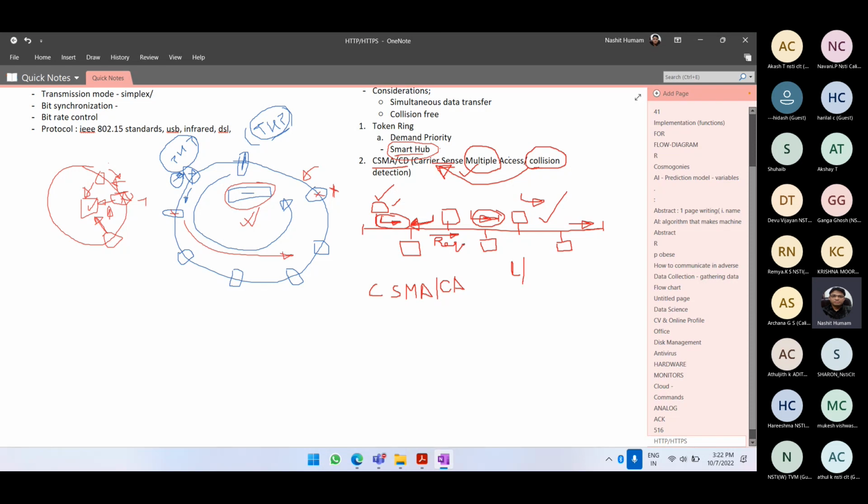Now, in case I am transmitting my data and I have my request on my network, no one else would try to send its data. And in this manner, I can avoid any kind of collision. I hope that was clear.